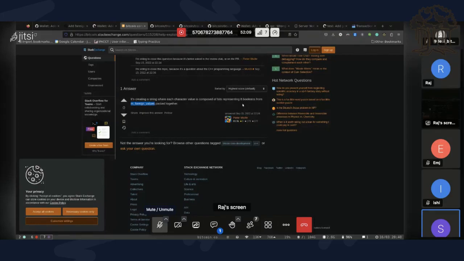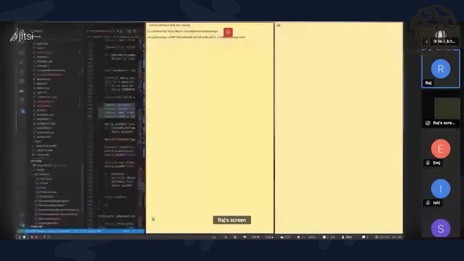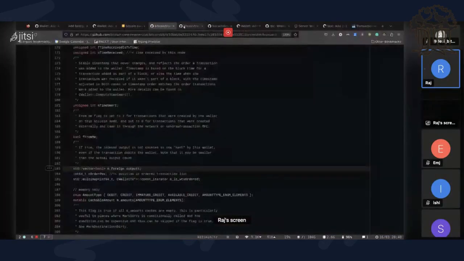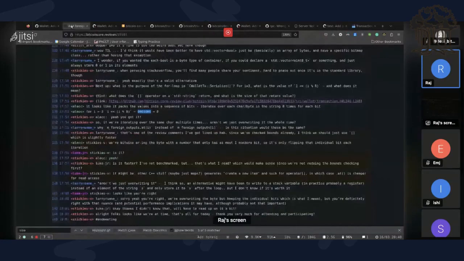Where was that code? Where are you looking at it? I'm looking at the code here. No, let's trace it back. Okay, let's look.